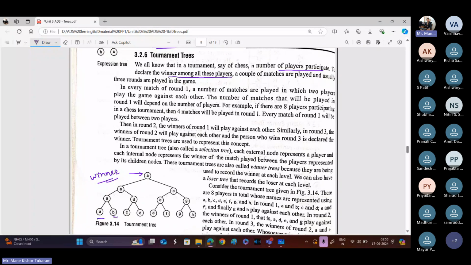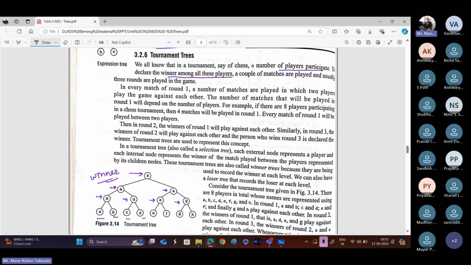From A and B the winner is A. From C and D the winner is D. From A and D the winner is A. From E and F the winner is E. From G and H the winner is G. From E and G the winner is E, and from A and E the winner is A. So whatever the root node is, it is nothing but the winner.